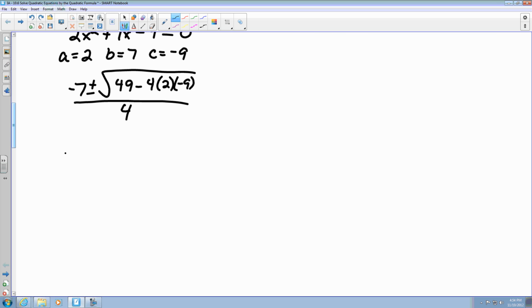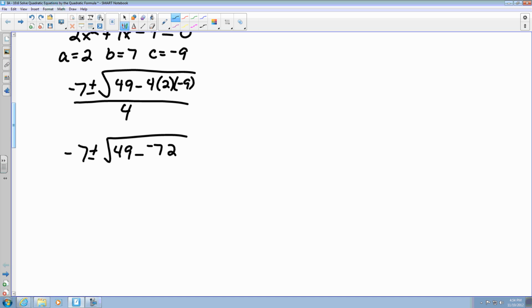Let's move down just a little bit. Now I have negative 7 plus or minus the square root of 49 minus, excuse me, negative 9 times 2 is negative 18, and 18 times 4 happens to be 72. So that gives me a negative 72.